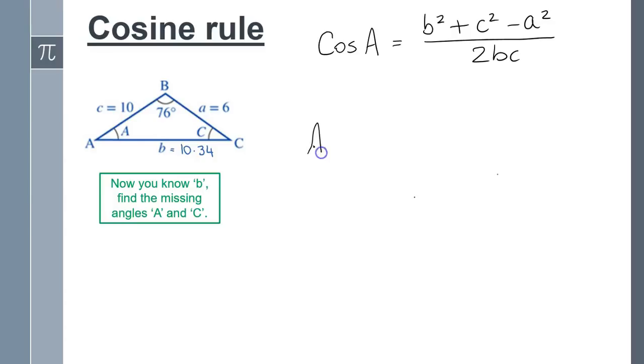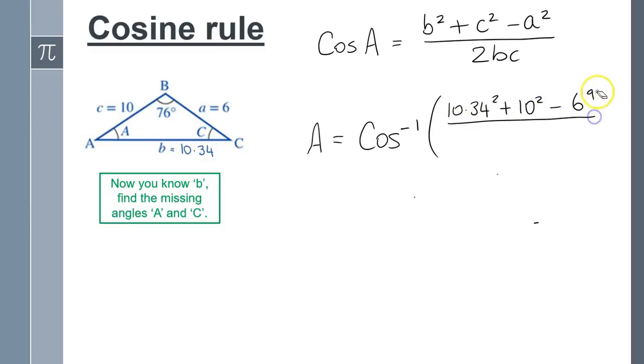I normally do this step first. I put the opposite of cos. Okay, just do it all in one step because we've got to get rid of that cos anyway. So B squared, we've got 10.34 squared plus C squared, which is 10 squared, minus A squared, all over 2 times B times C. Okay, and then that goes in your calculator.